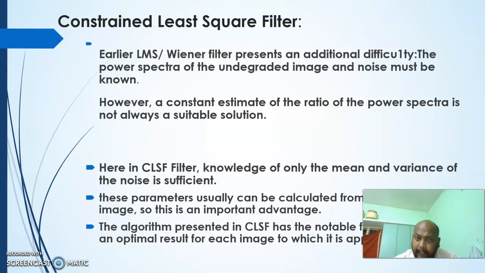Next, the constrained least square filter addresses an additional difficulty. In the Wiener filter, due to the presence of noise, the power spectra of both the undegraded image and the degraded image should be calculated.